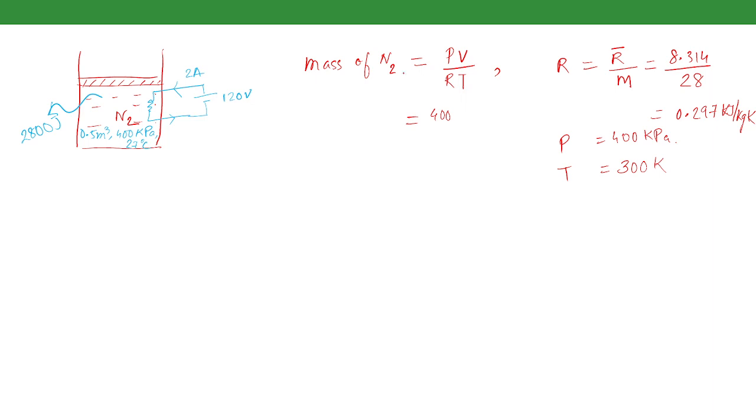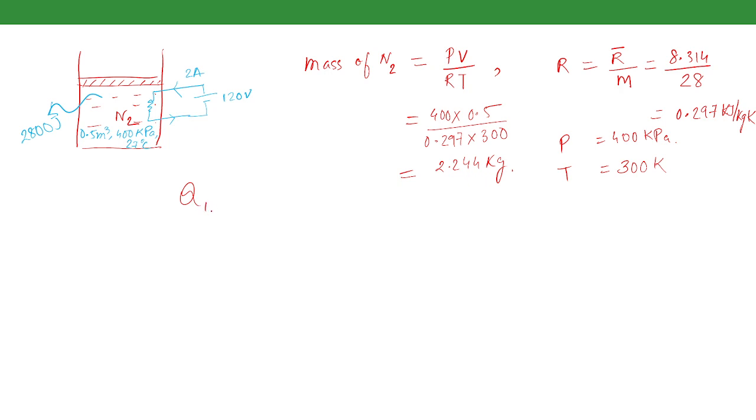We are not writing kilo here because the kilojoule and kilopascal will get cancelled, I mean the 10 to the power 3 values will get cancelled. The volume of nitrogen is 0.5 meter cube. The R value is 0.297 and the temperature value is 300. So the mass of nitrogen comes out to be 2.244 kg.